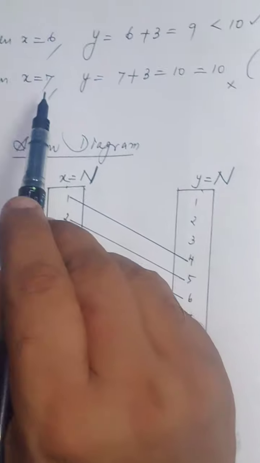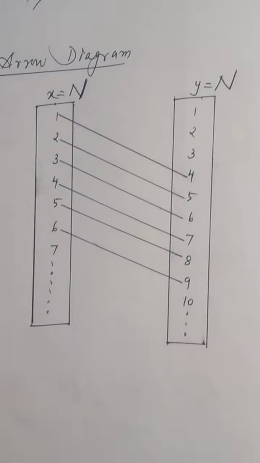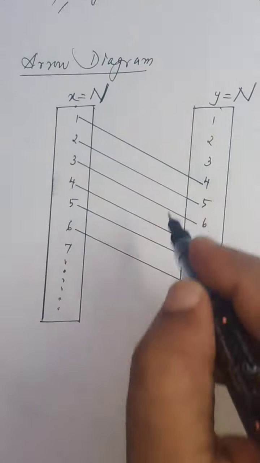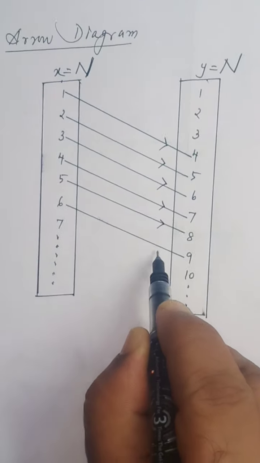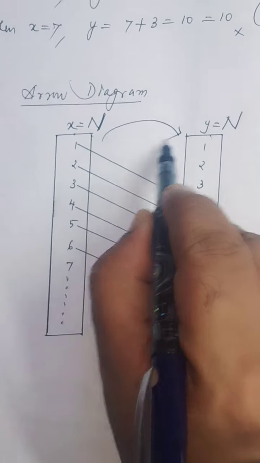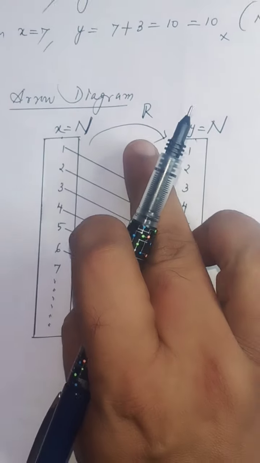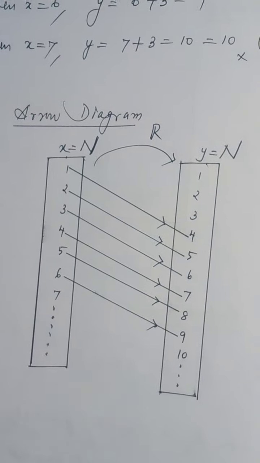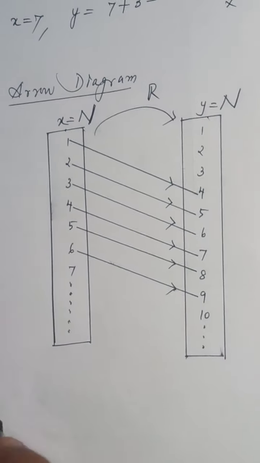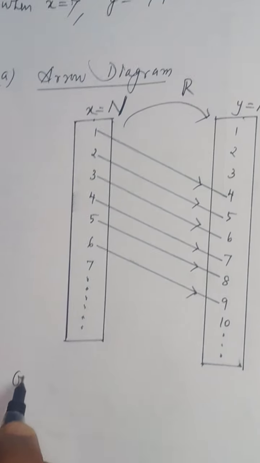You are not supposed to take 7 to 10 because 10 is exactly equal to 10. You are not supposed to consider it. Put an arrow mark over here, x is related with y. The arrow diagram is over. Now the graph.